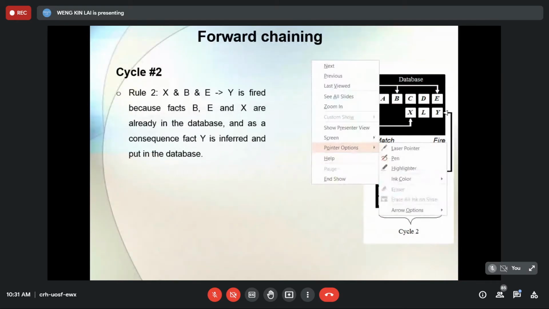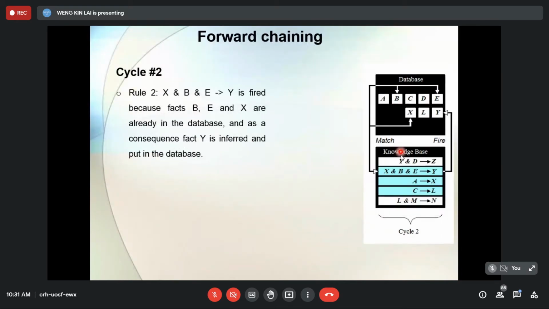Now, after you finish cycle one, then you have to look at cycle two, because you can see the database has changed from the previous cycle. Because of this change in your database, your processing is not complete. So basically, what it's saying is that you only stop when you see your input database has not changed.